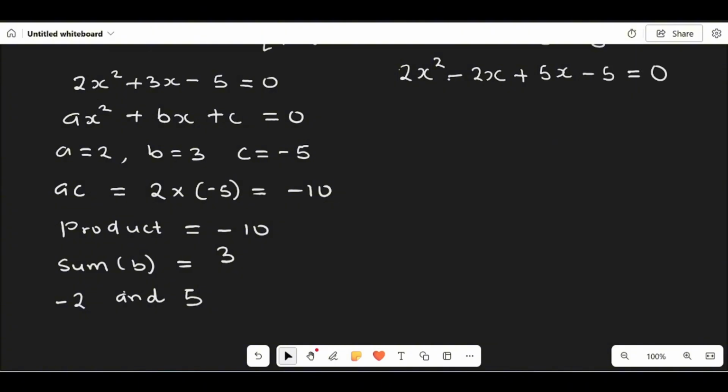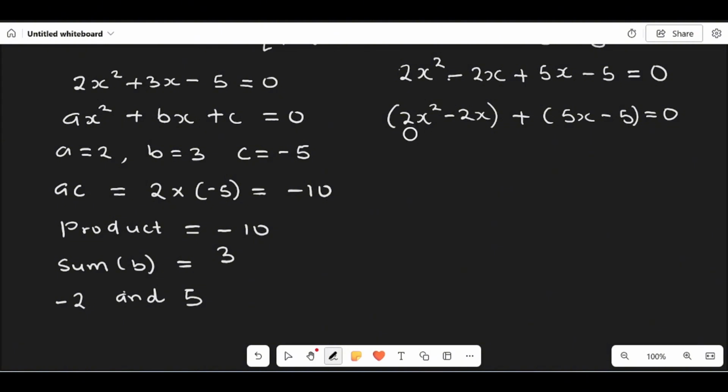Group the terms in pairs. Bracket 2x squared minus 2x plus bracket 5x minus 5 equal to 0. Factor out the common factor from each group.